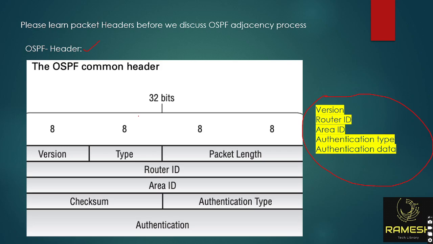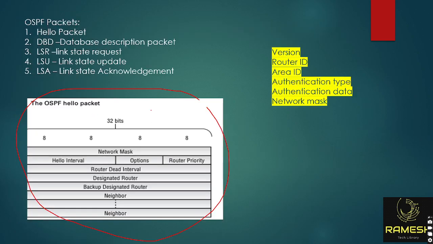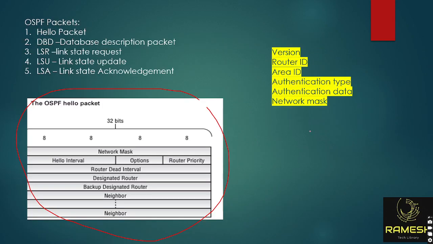So please prepare the headers: the OSPF protocol header, the hello packet header, and the DBD packet header. Just spend 20 minutes and become a pro network engineer. I'm challenging you: even a candidate with 10 years of experience cannot resolve these issues. If you learn this, you are a pro network engineer.